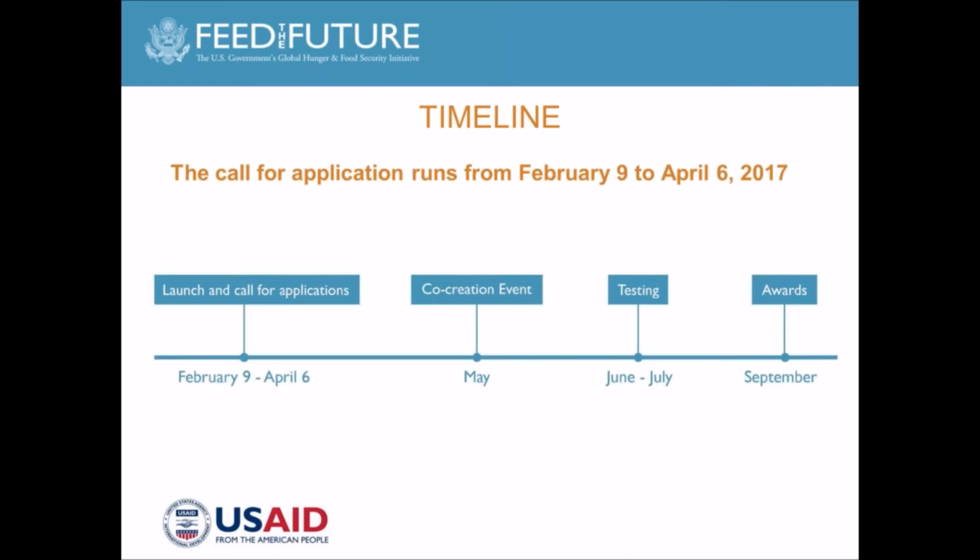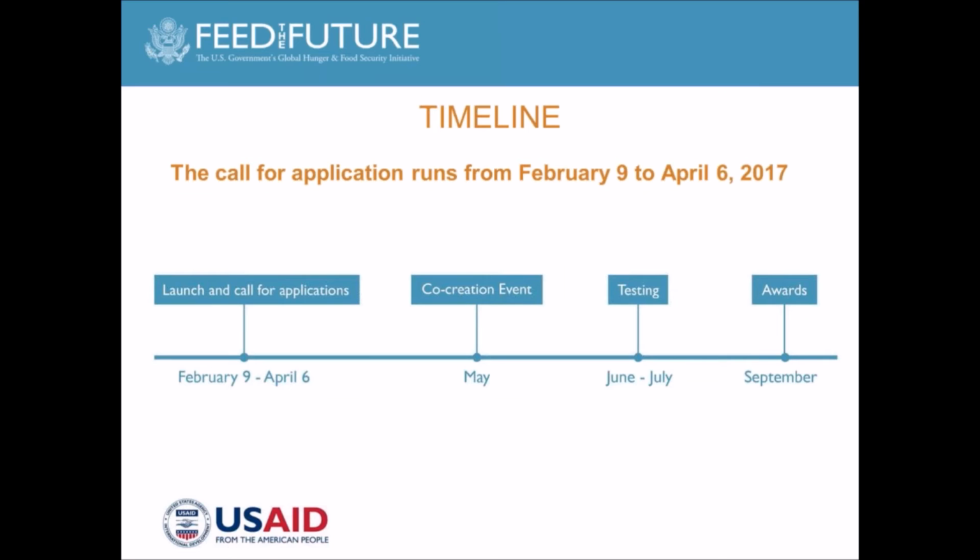The timeline of the prize: we are now in the period of the call for applications, which will end on April the 6th, after which we won't accept any other application.